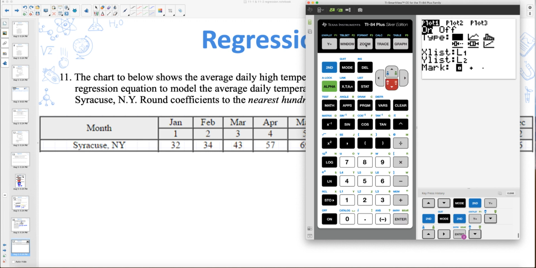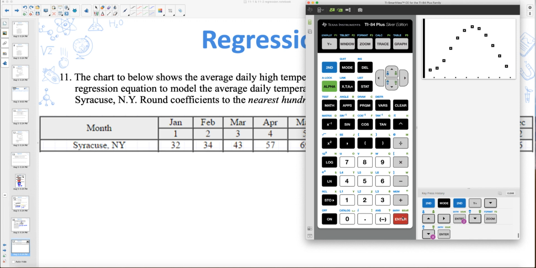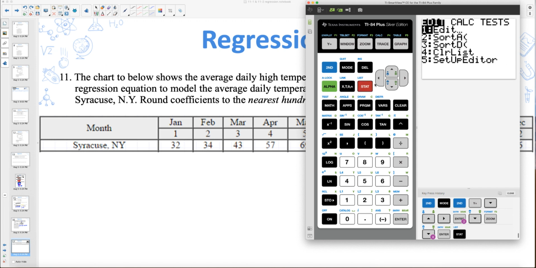Okay, then let's hit zoom. We're going to do zoom stat. This isn't something that you need to do. This is just to show you that it's, there you go. That's your data plotted. That is going to look like a sine curve like I drew before. Continues to fluctuate like that. All right, so now we know that it is a sine curve or a cosine curve. That actually looks like a negative cosine curve.